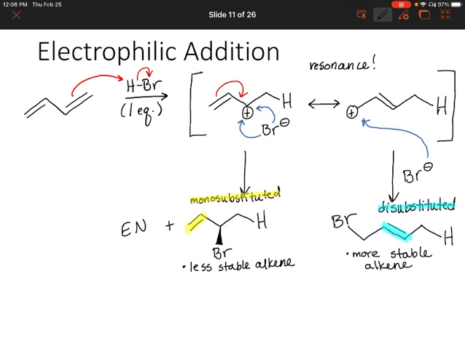Let's also talk a little bit about the kinetics and the thermodynamics of these products. The first product that we formed was able to form right away because that bromide ion was right there. It was ready to attack the carbocation. And so that would be our kinetic product because it is produced more quickly.